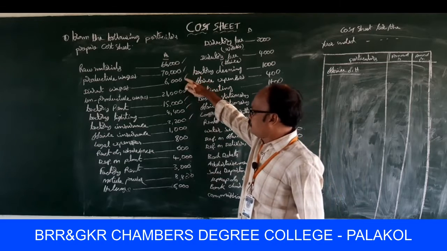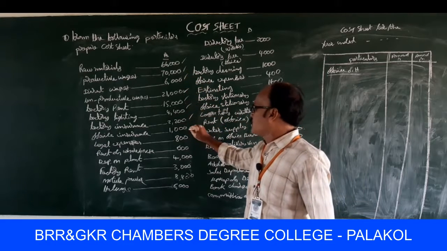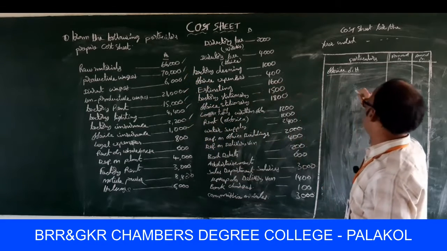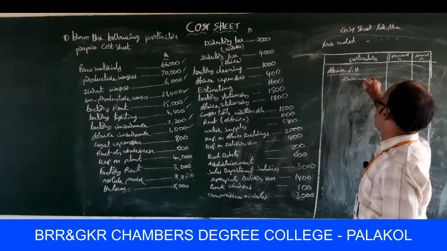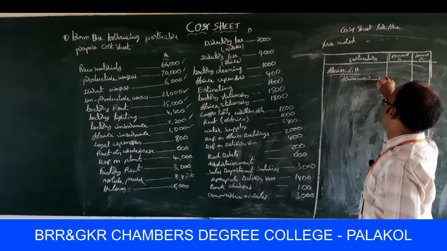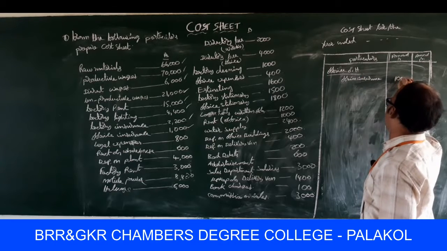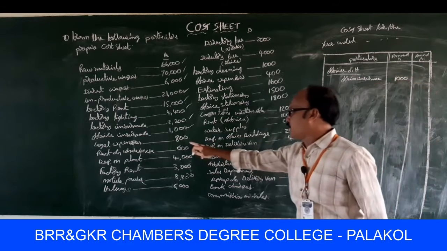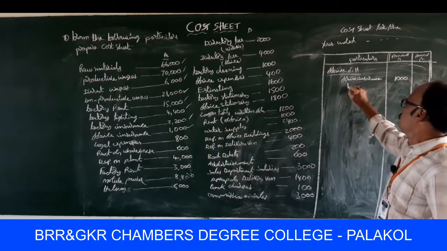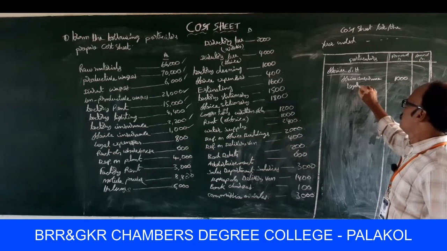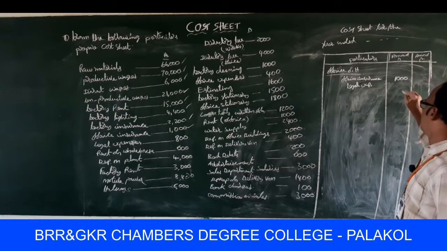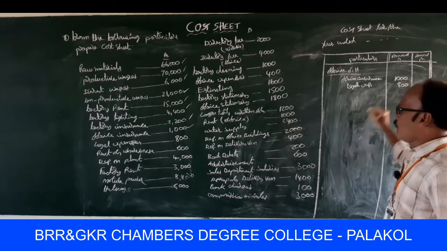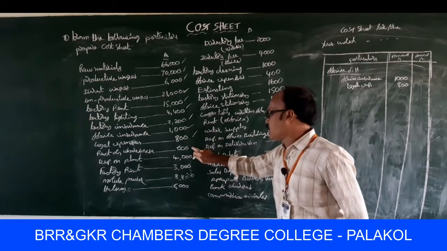First one, office insurance 1,000. Next one, legal expenses, 800. Next one, rent for warehouse.